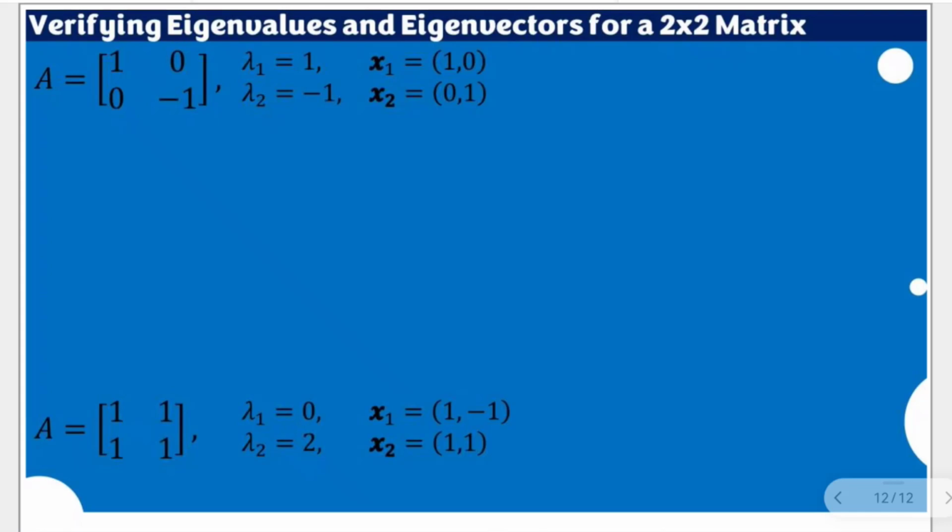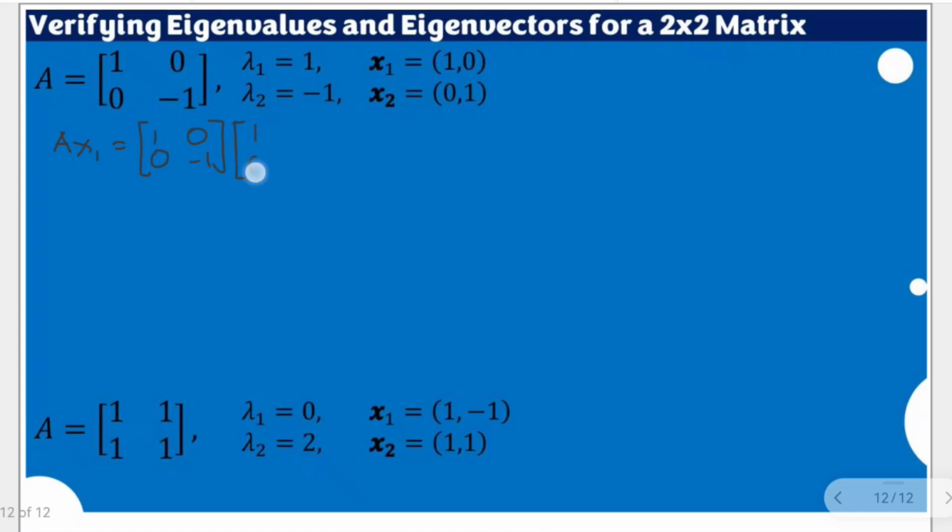To do this, let's start with the first matrix and the first set of vector x and lambda. And we are going to use this method here. Let's have A, x sub 1. Let's try to solve the result when we multiply A, which is the given 1, 0, 0, negative 1, to be multiplied with our vector x sub 1 here.